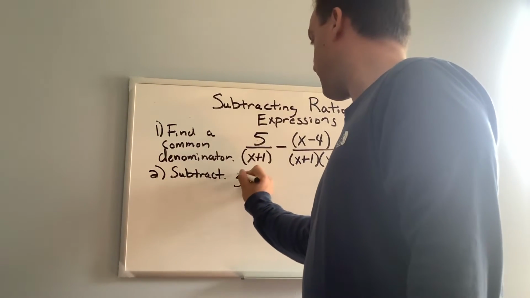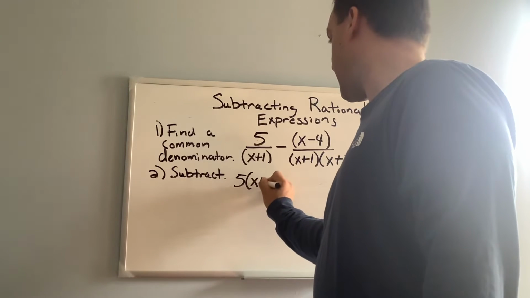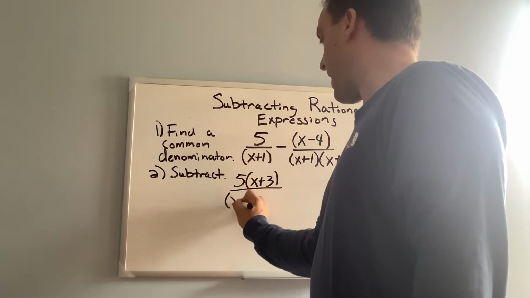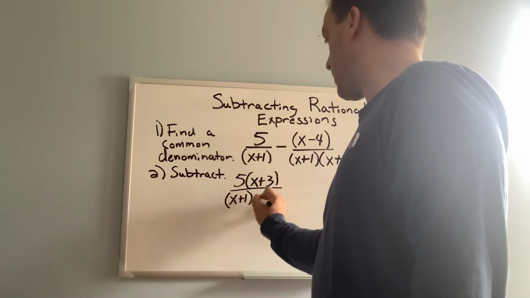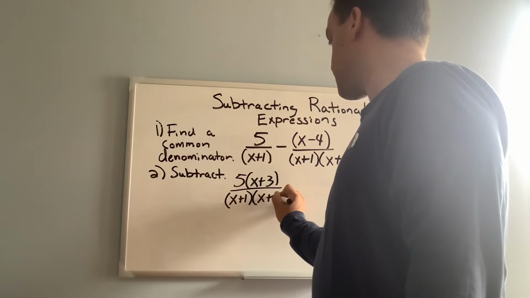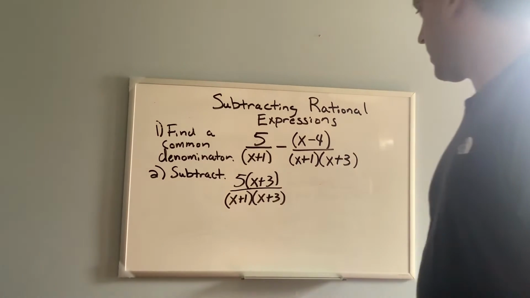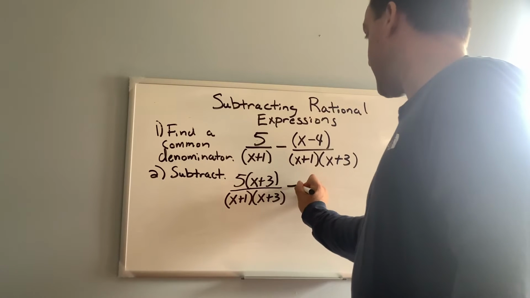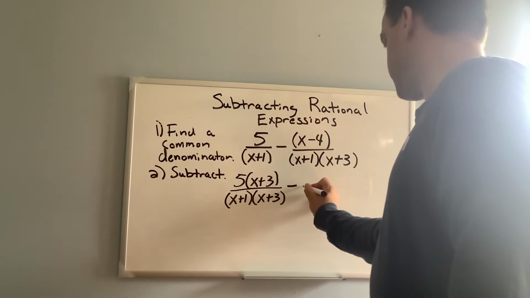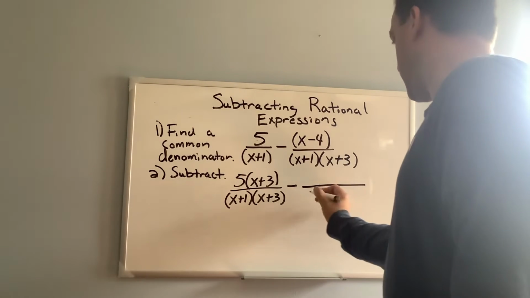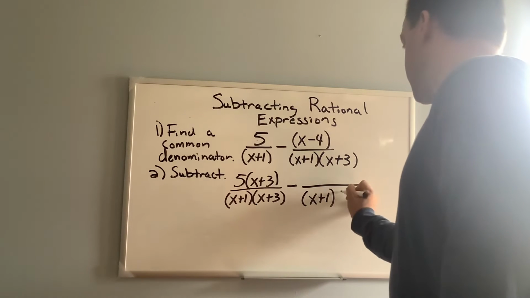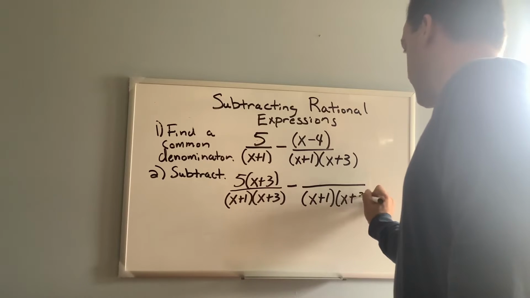So I'm going to put 5 times x plus 3, and then the denominator had x plus 1 times x plus 3. And then we have minus, and then we have x plus 1 times x plus 3.